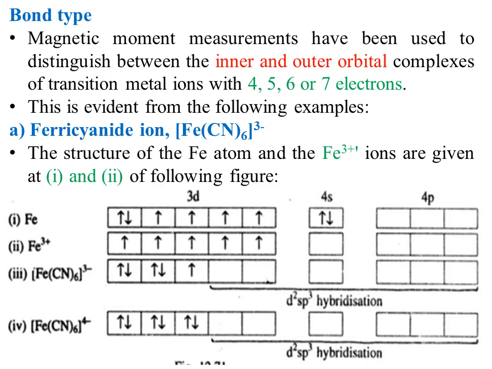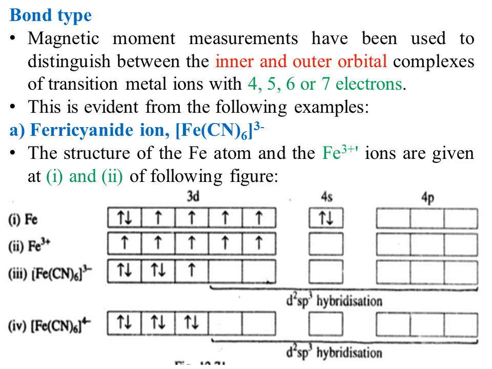You can see in the third equation that the d subshell is empty in the last two blocks. It means two of the electrons have been sent to the previous orbitals, and the orbitals which are going to be involved in hybridization belong to 3d subshells.